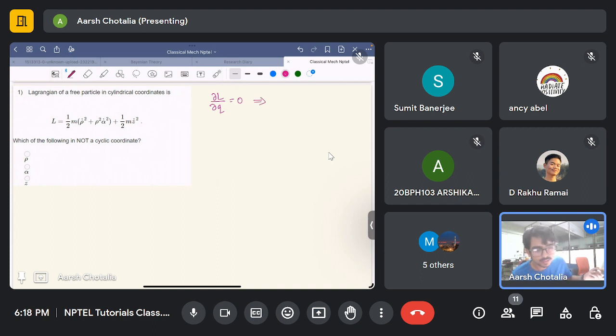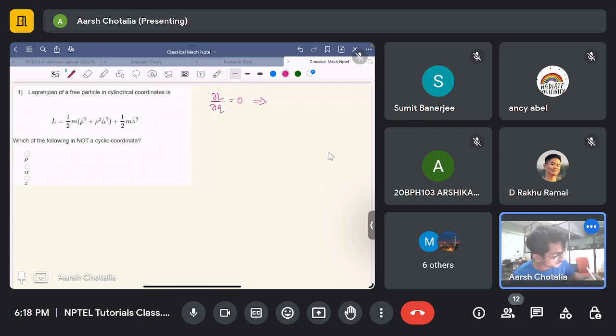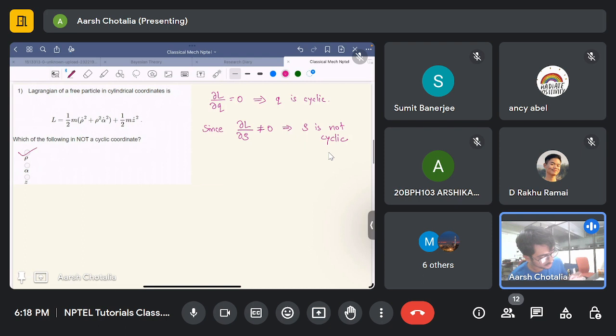It can happen in a rare scenario that it appears twice or thrice in different terms, but when you take the derivative, it's 0. So it still does not depend on q, so then q is cyclic. Since the partial of L with respect to rho is not 0, we can say rho is not cyclic. So the answer is rho.